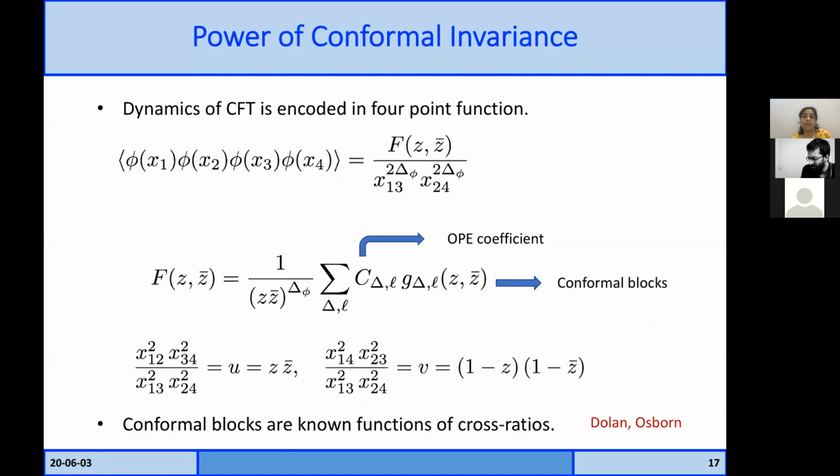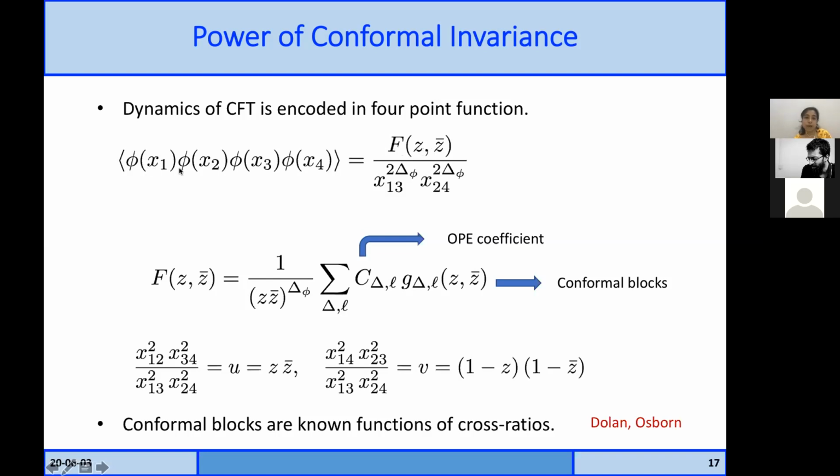Now, the 4-point function in a CFT is not fixed from symmetry. The dynamical information is encoded in the 4-point function. So if you take 4 scalar operators inserted at points x1, x2, x3, and x4, the correlation function can be written in terms of conformally invariant cross ratios.